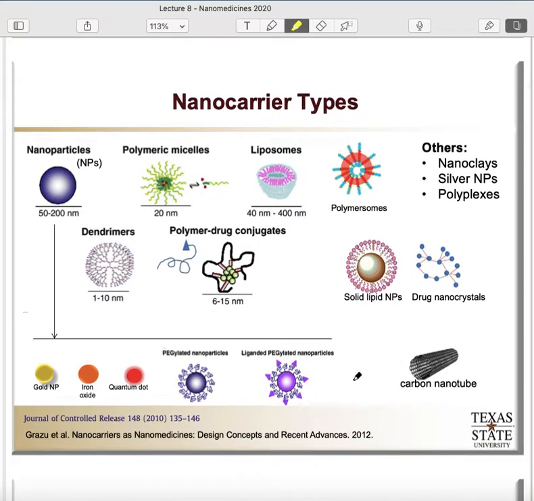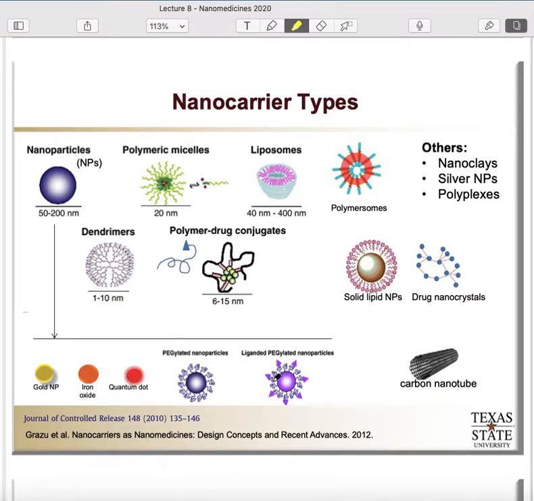There's a number of different types of nanocarriers, and here I just have pictures of some of them. We could have nanoparticles, which could be of very different types, but those nanoparticles are usually in the size range of 50 to tops 200 nanometers. As I mentioned, usually we actually want to keep under 100 nanometers if at all possible. Those nanoparticles can be made out of different materials. So we will be talking about gold nanoparticles, iron oxide nanoparticles, quantum dots, which are made from semiconducting materials.